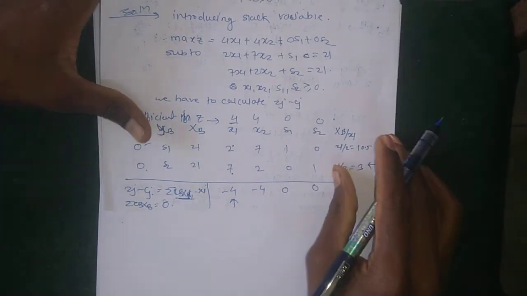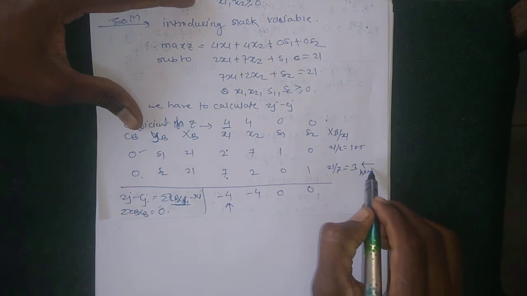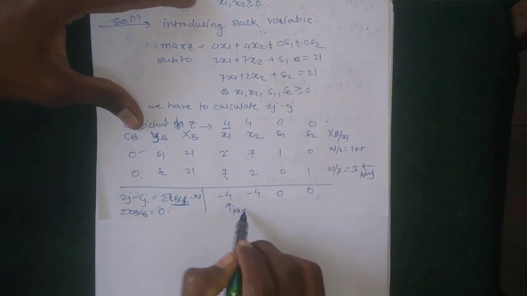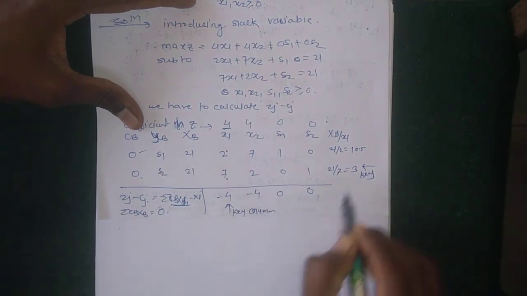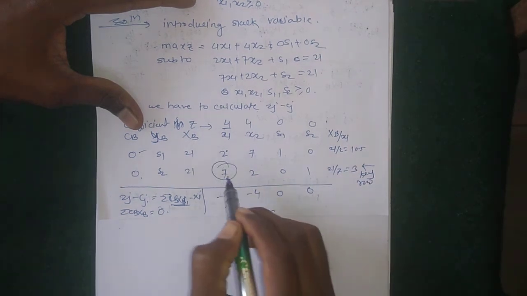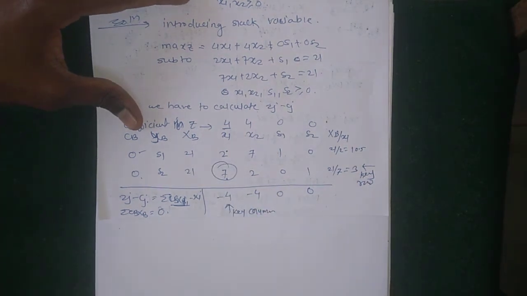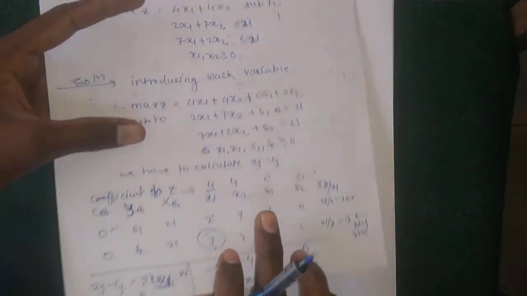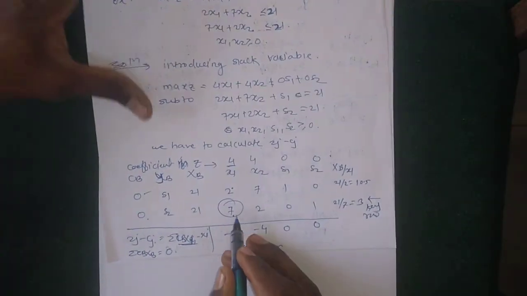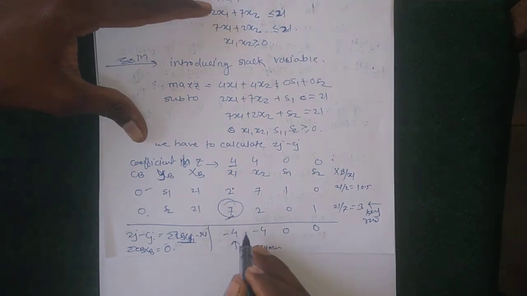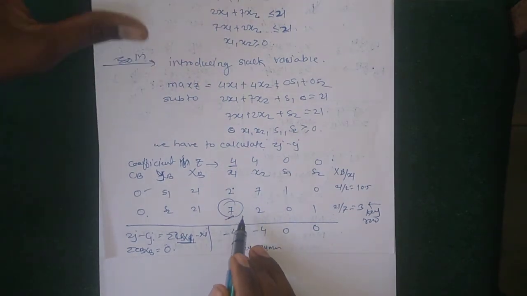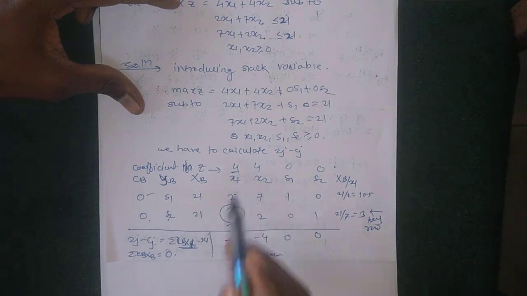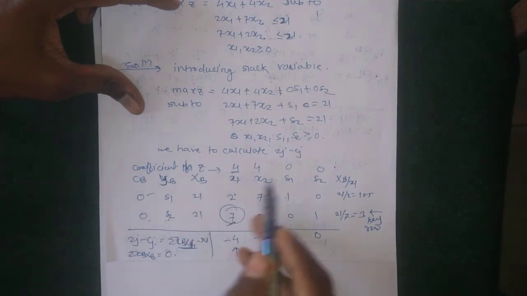Therefore this is the key column and this is the key row. So the leading element is 7. The leading element is converted to unity by dividing, and x1 is introduced and s2 is leaving the basic variables.